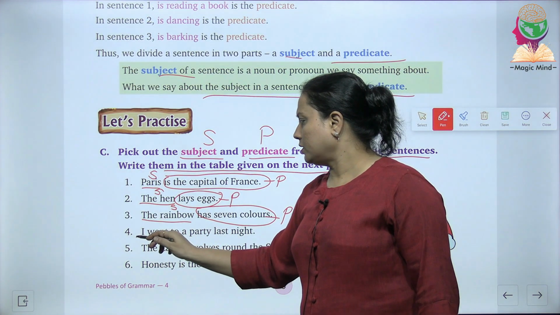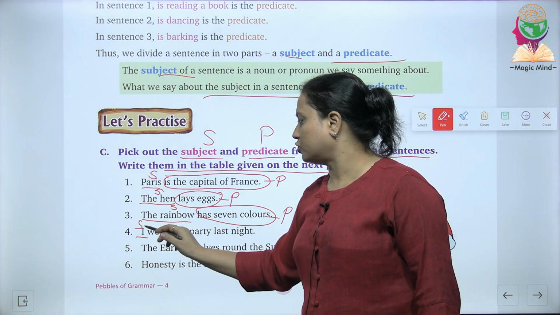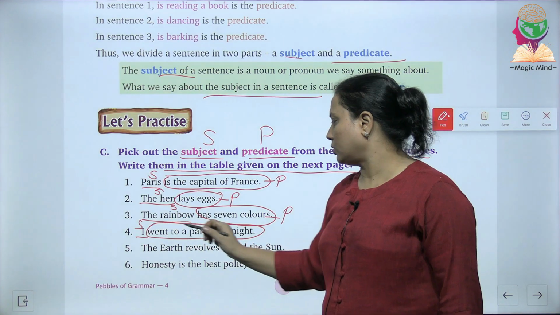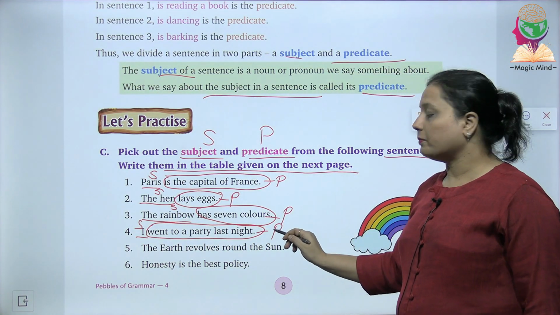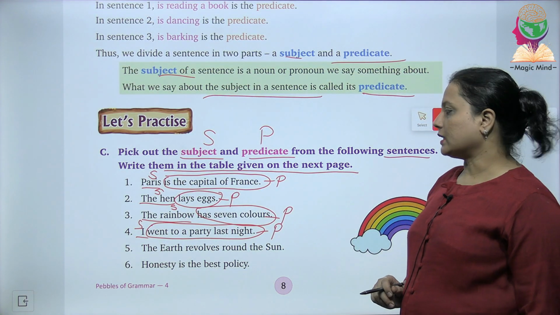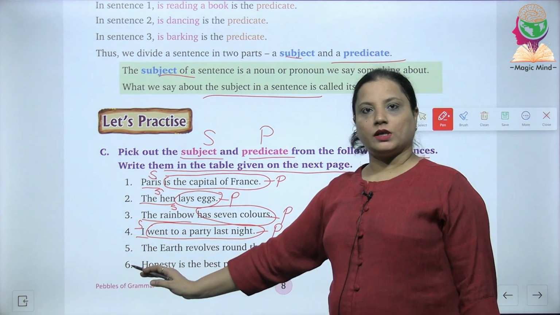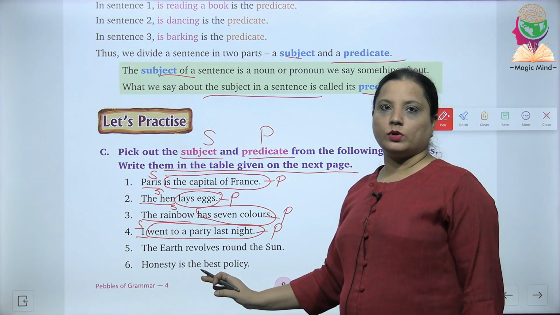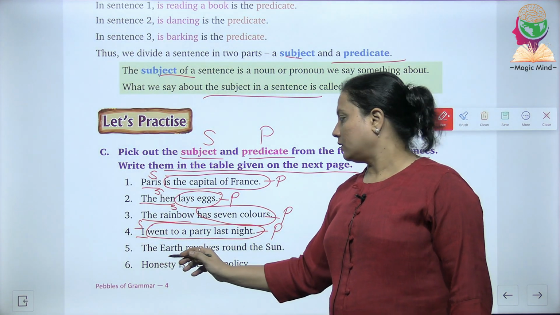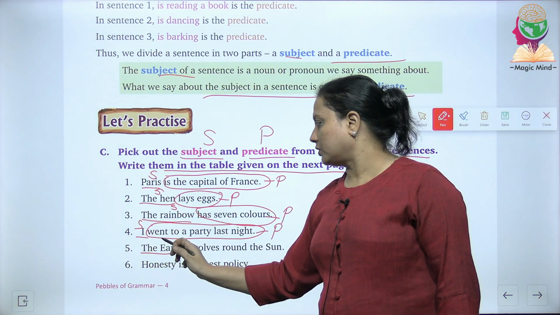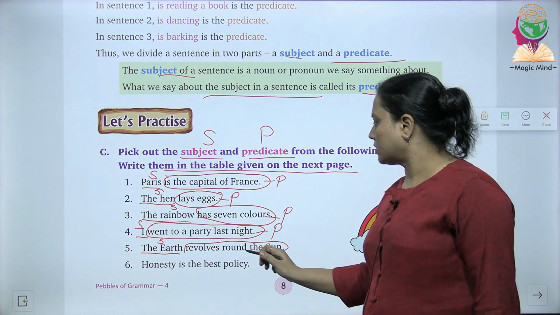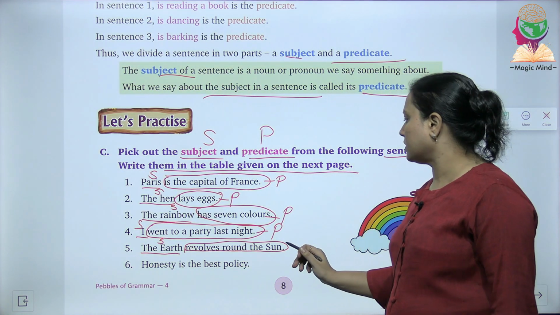Here the word I is the subject and went to a party last night is the predicate of the sentence. Fifth is the earth revolves around the sun. Here we are talking about the earth. Then the earth is actually the subject and revolves around the sun is the remaining part of the sentence.